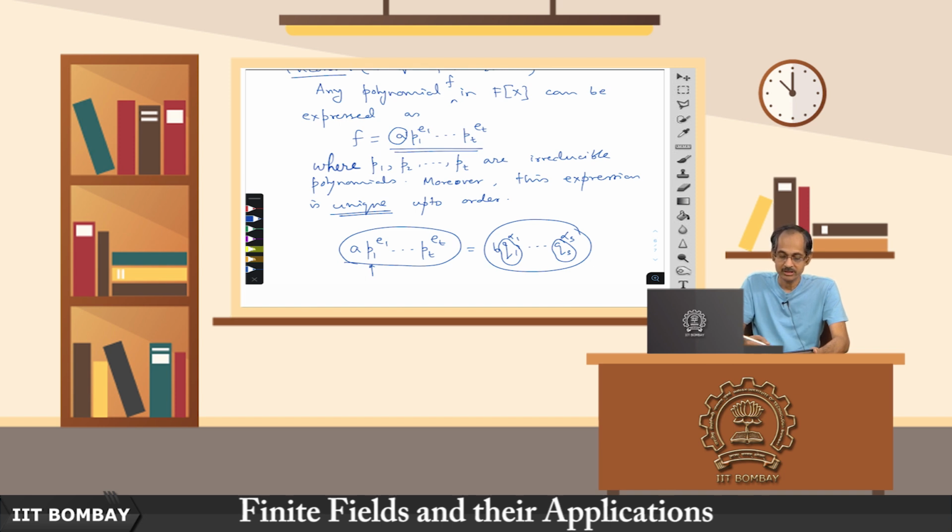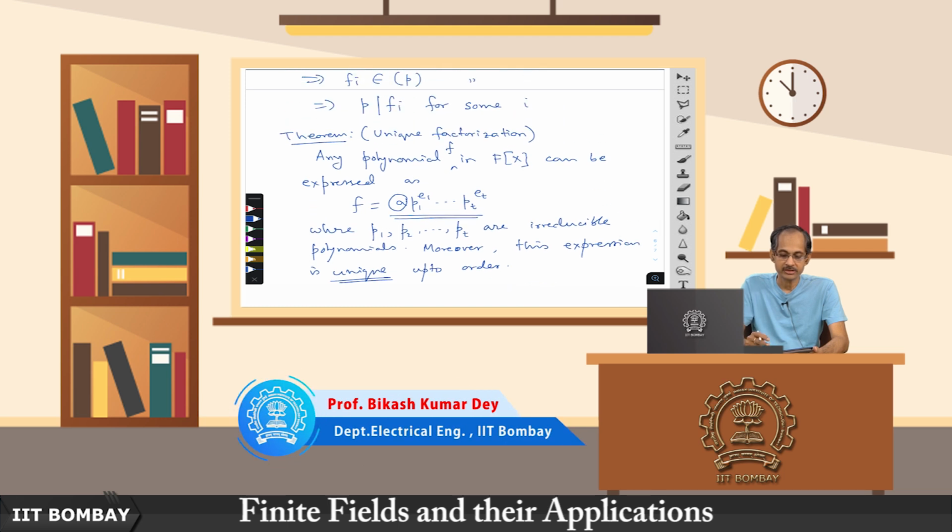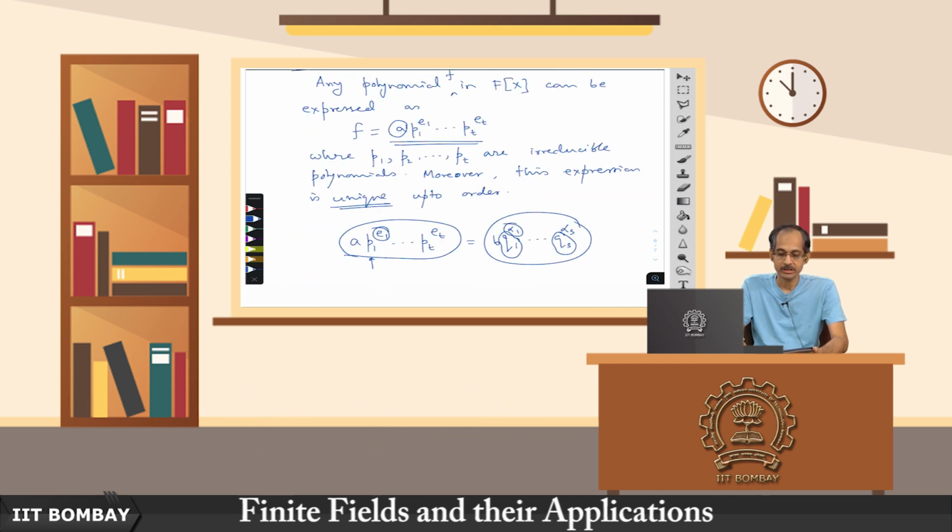So, you can then remove p1 from both sides, you can divide by p1, the equality would still hold, and by repeatedly applying this argument, one can show that the exponents also will be the same, and so on. So, any polynomial has a unique factorization as a product of irreducible polynomials. This is the summary. Okay, that is all for now.